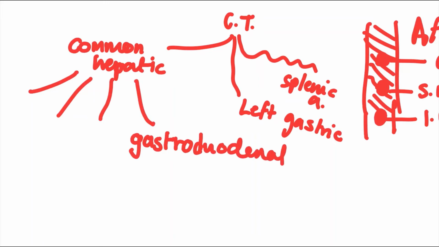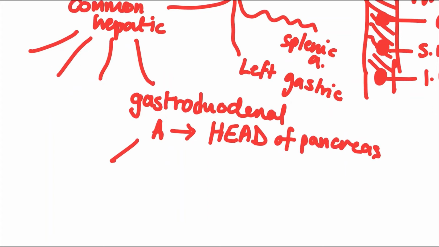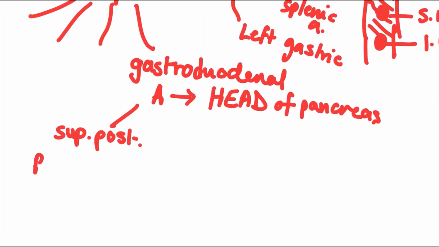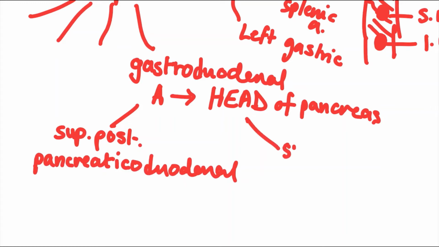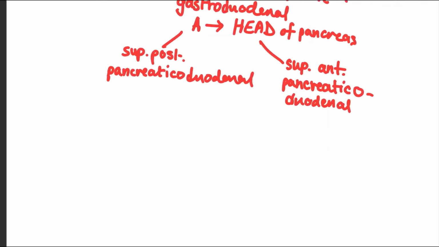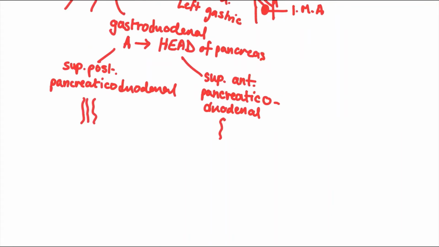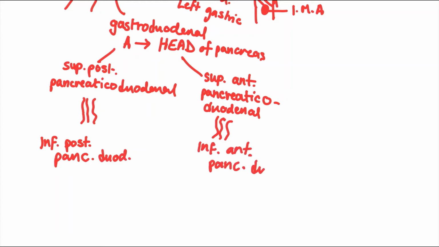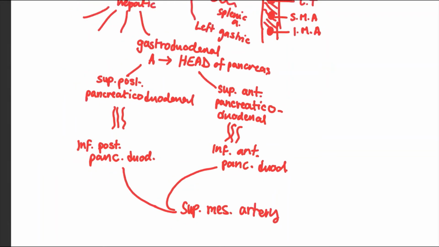It gives off the superior, posterior, and anterior pancreaticoduodenal arteries. These anastomose with the inferior, posterior, and anterior pancreaticoduodenal arteries, which are from the superior mesenteric artery. So this is all for the head of the pancreas.